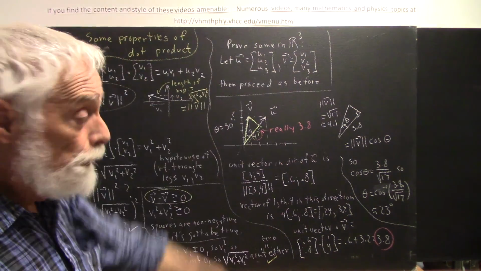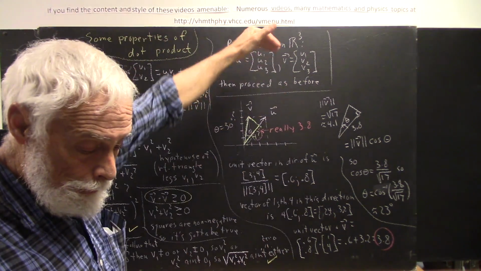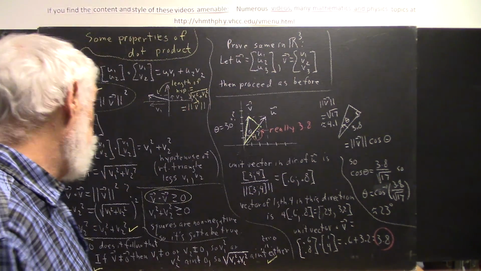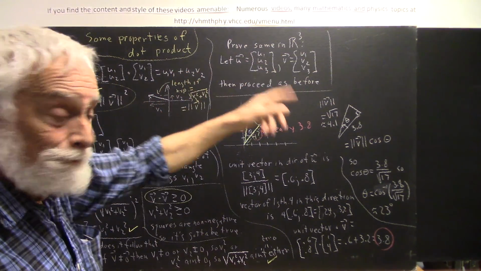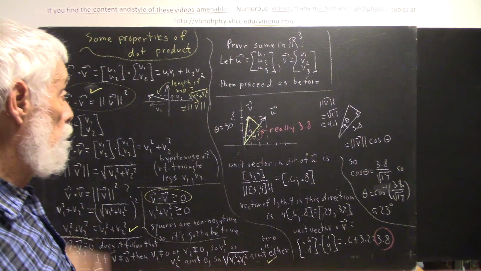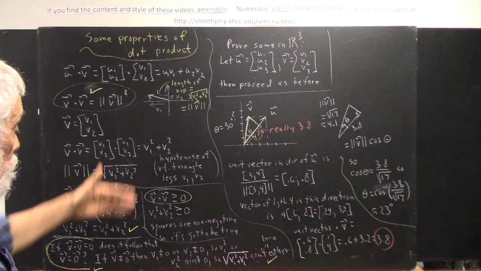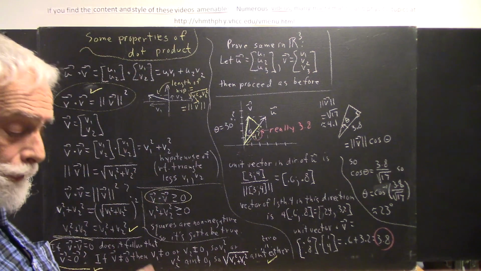And if we wanted to do this in Rn, then we'd have all the way from u1 down through un, and v1 all the way down through vn. And we'd have n products here that would add up to our dot product. In any case, the arguments just follow as they did before.